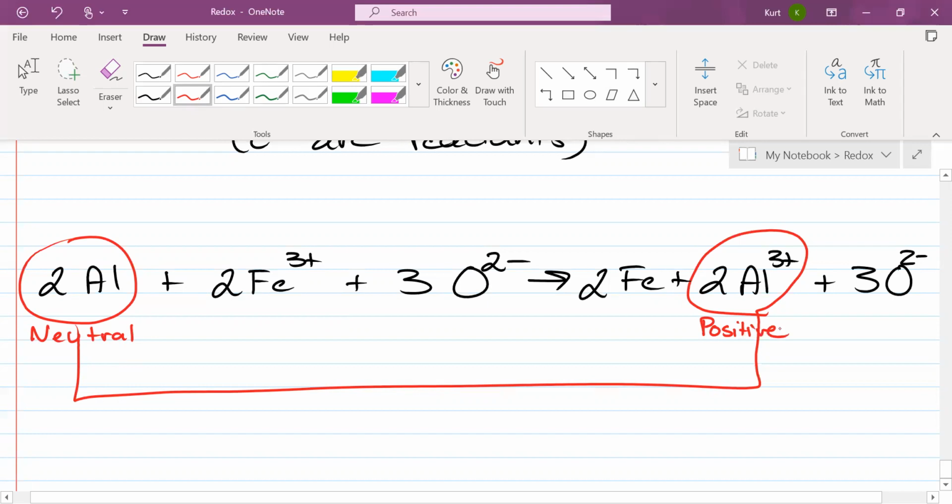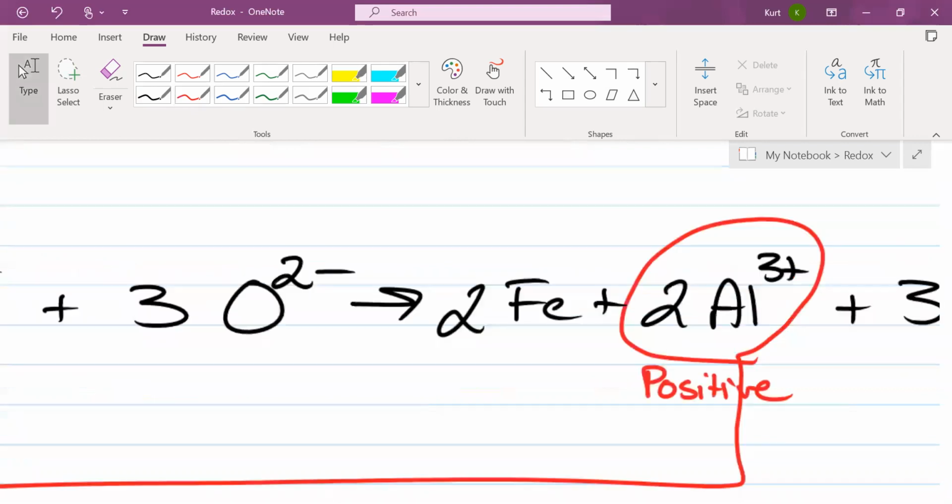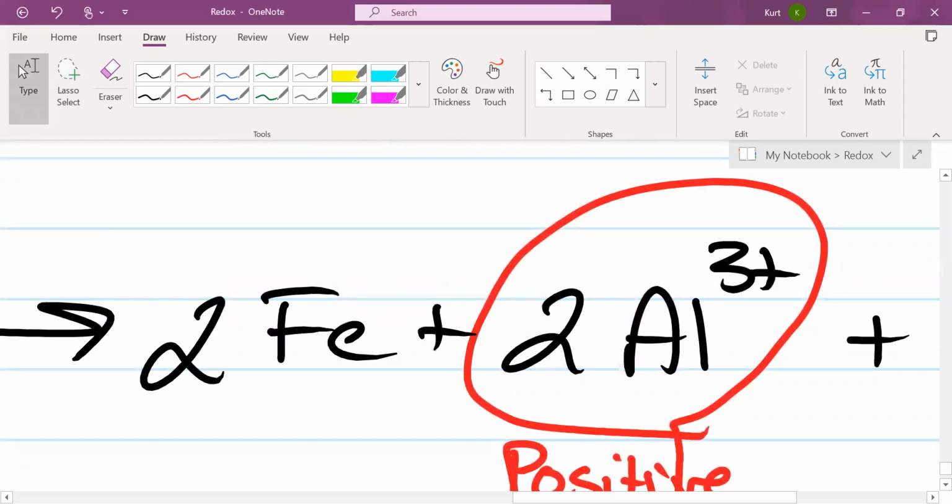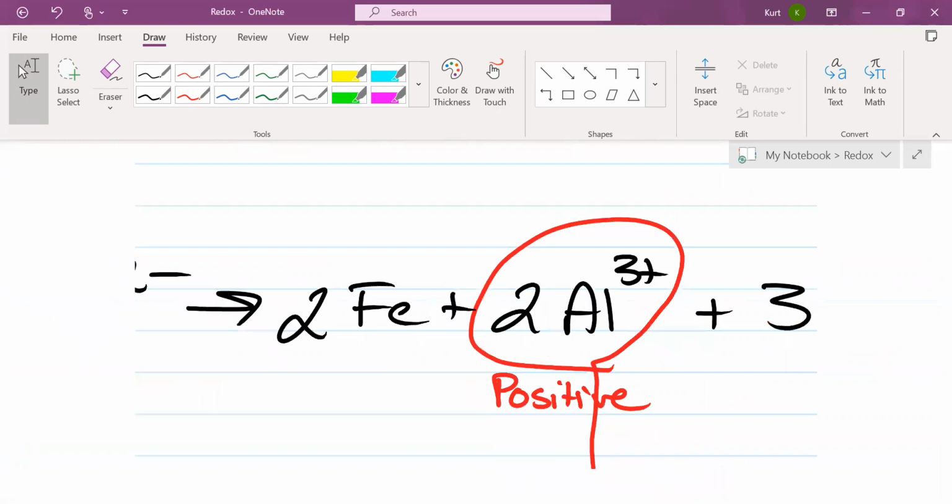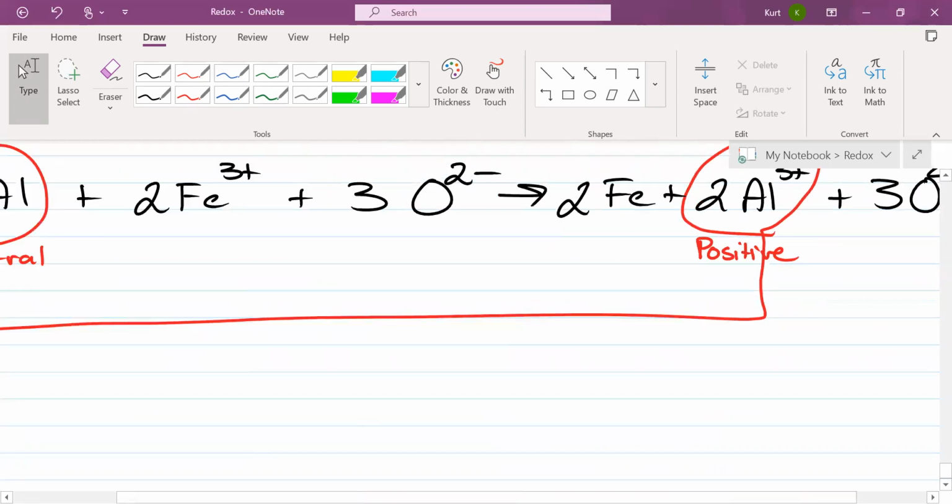In order for it to go from neutral to positive, did it gain electrons or did it lose electrons? This is where I was afraid, and most of you said the correct thing. But what I'm afraid of is that when you see that positive 3 symbol, you're going to think that it means it gained 3. When you see that positive 3 symbol, that means that there are 3 more protons. Well, how did it get that way? 3 electrons were lost. This lost 3 electrons, okay?